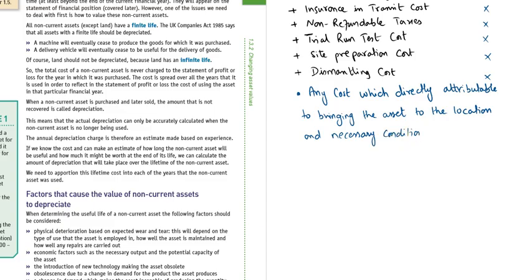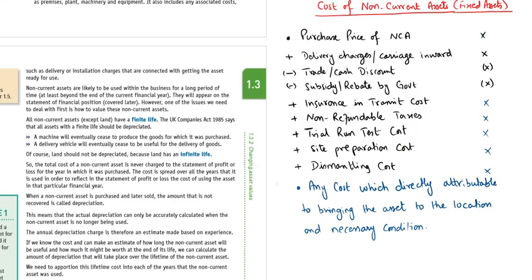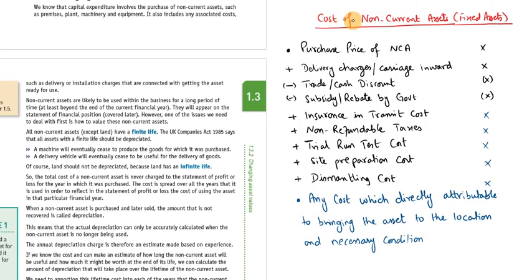So in short, what is the cost of non-current asset? In simple words, all the costs from the purchase of the asset till the asset is available in our business premises will be part of the non-current asset.